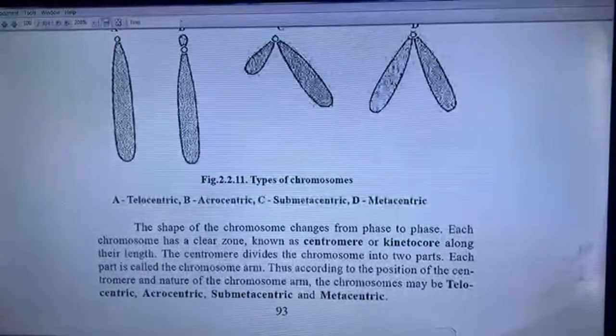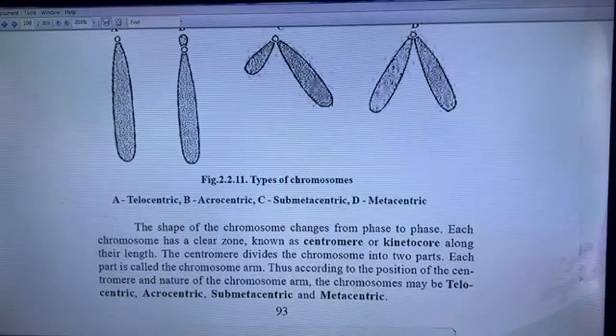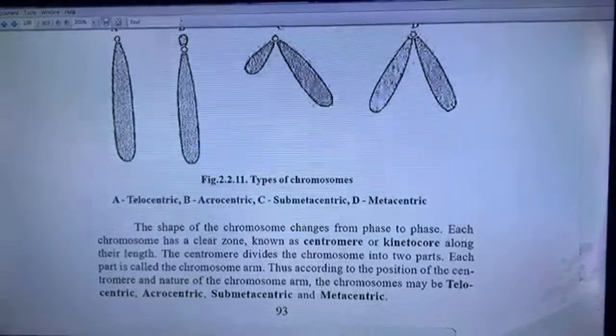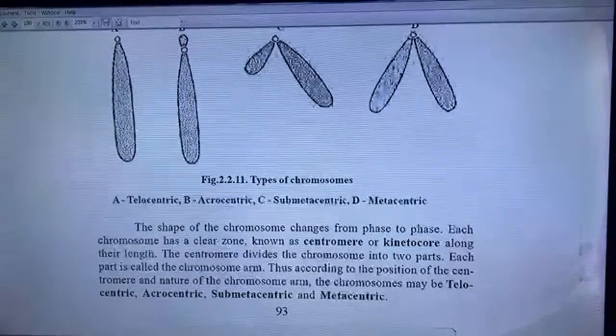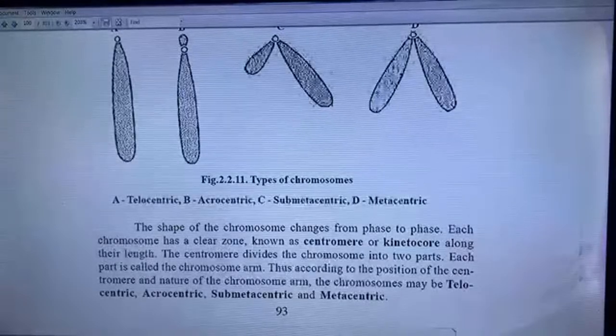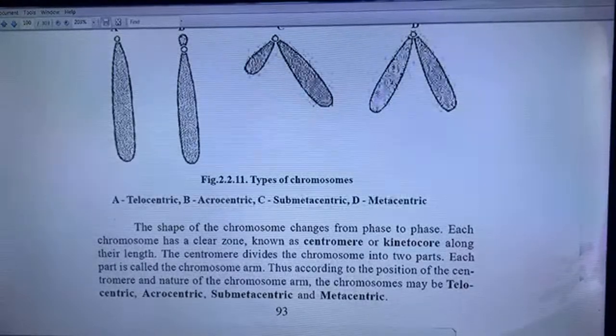Along their length, the centromere divides the chromosome into two parts. Each part is called the chromosome arm. Thus, according to the position of the centromere and nature of the chromosome arm, the chromosomes may be telocentric, acrocentric, submetacentric, and metacentric.